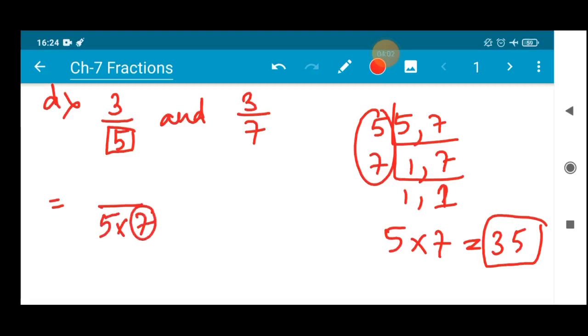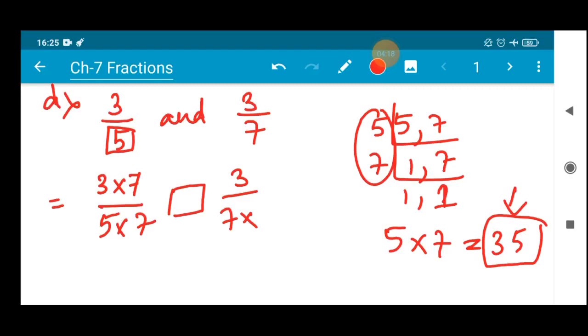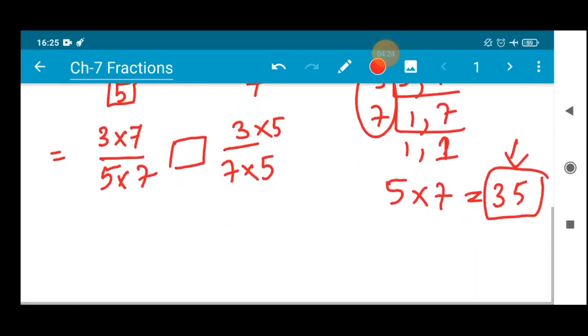So if you are multiplying by 7 in the denominator, in the numerator also you have to multiply with the same number. In the second fraction also, we have to multiply with such a number with which we reach our target, that is 35. So 7 fives are 35. In the numerator also you have to multiply with the same number.